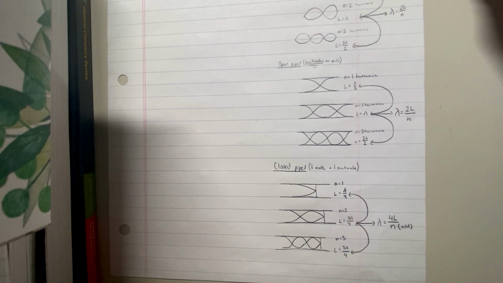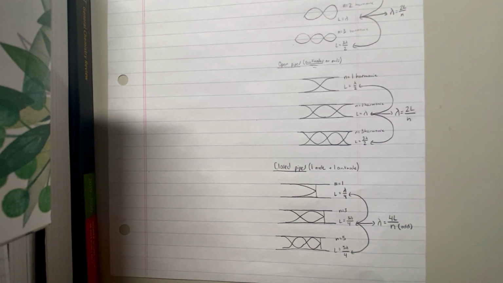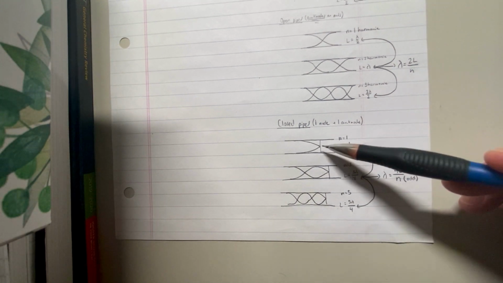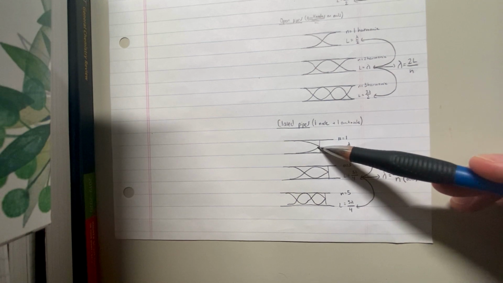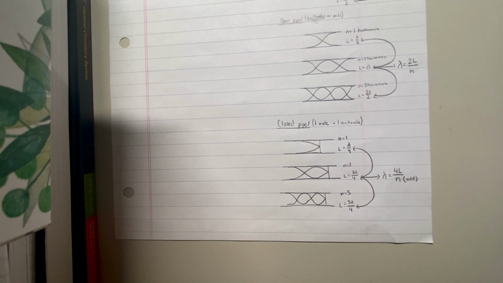So a string with nodes on each side and open pipes with antinodes on each side have the same wavelength equation, 2L/n. The difference here is with closed pipes. Closed pipes have a node on one side, and on the other end you have an open end, which has an antinode.